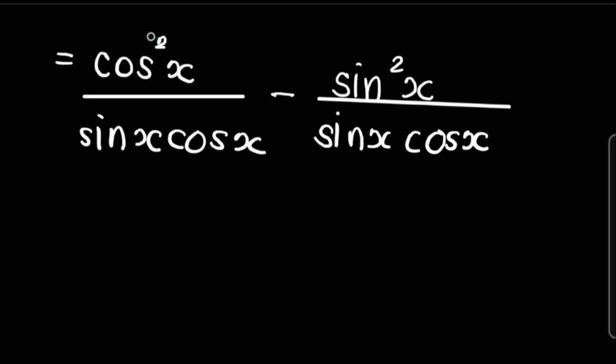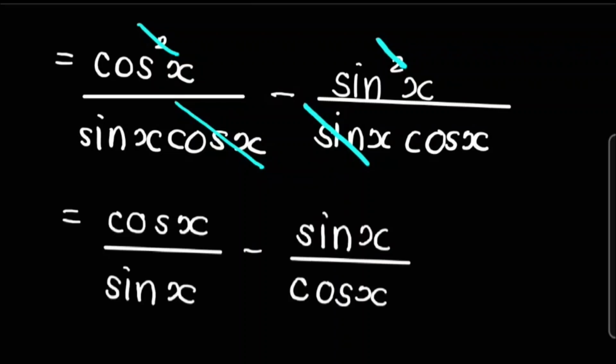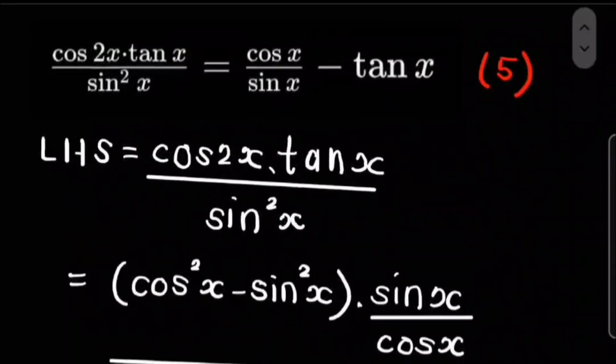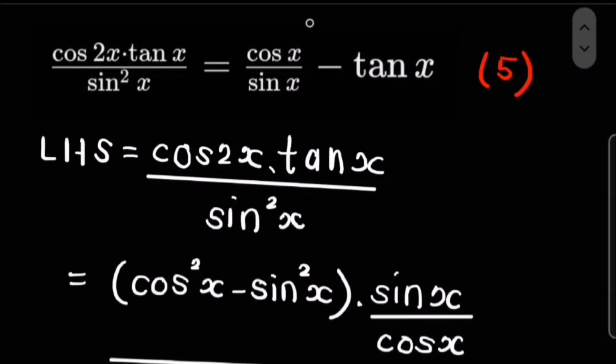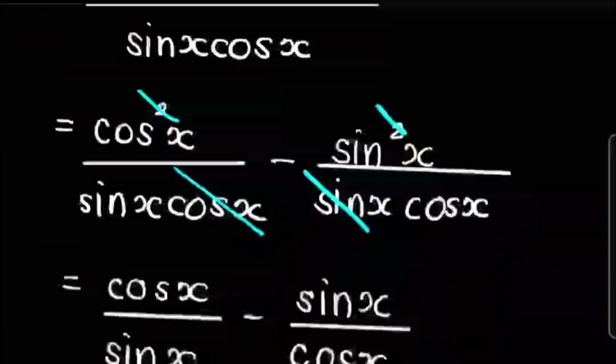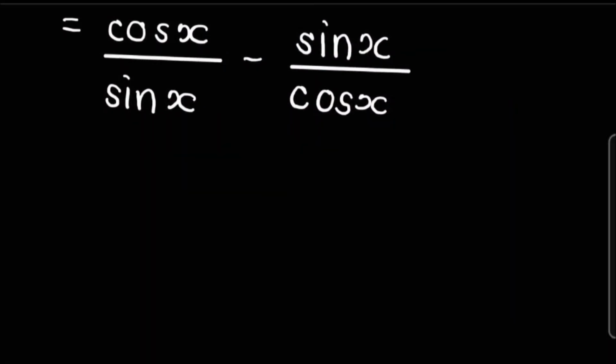One of the cos x from the numerator can cancel out with the cos x in the denominator, and in the second term, one of the sine x from the numerator can cancel out with the sine x from the denominator. Let's write down what we're left with. We are now left with cos x over sine x, which, hey, actually matches the answer that we need. There it is, cos x over sine x. And in the second term, we have negative sine x over cos x.